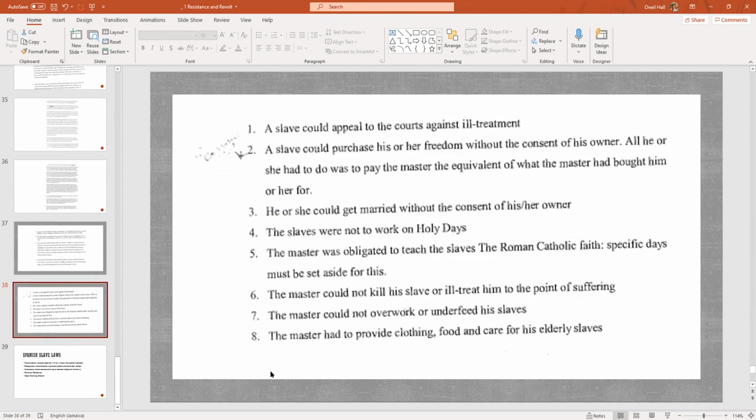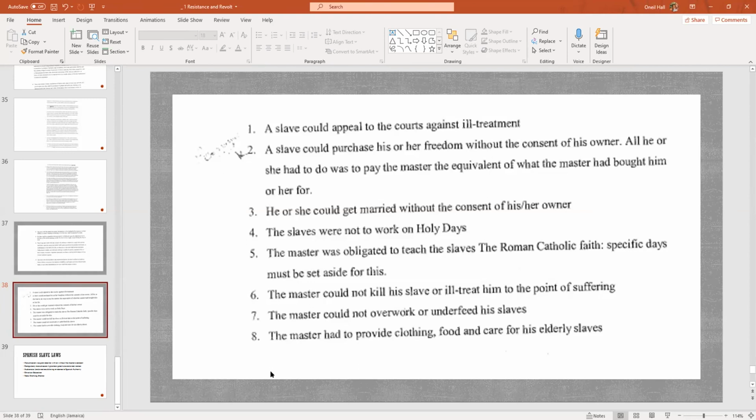A slave could appeal to the courts against ill treatment. A slave could purchase his or her freedom without the consent of his owner. All he or she had to do was to pay the master the equivalent of what the master had bought him or her for. He or she could get married without the consent of his or her owner.